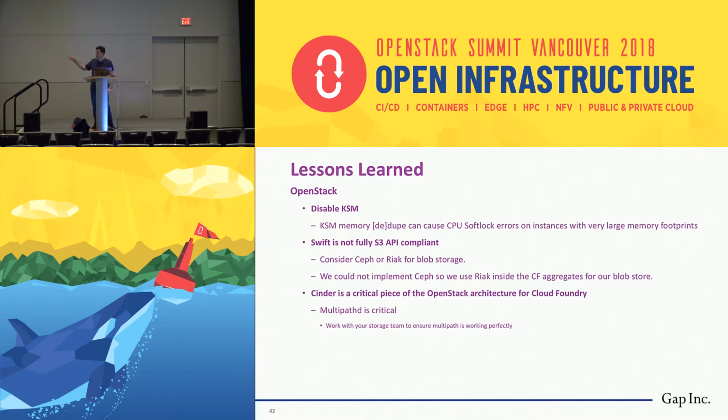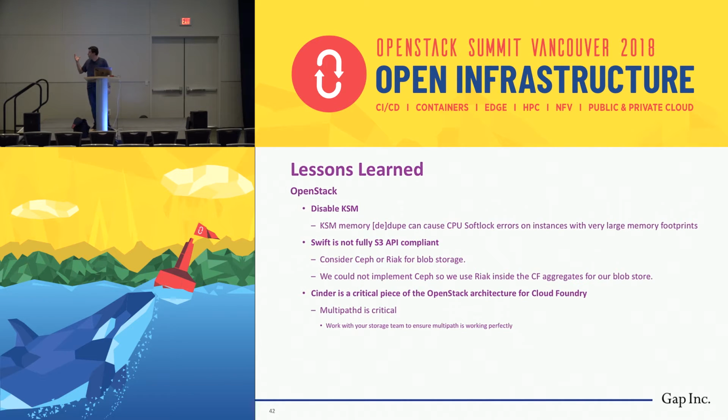We found it running, and where we found it running, we found CPU softlock errors on these large VMs. And this happened not just inside of PCF. We saw the same thing on large RabbitMQ IaaS, and other big VMs. So that was a challenge.